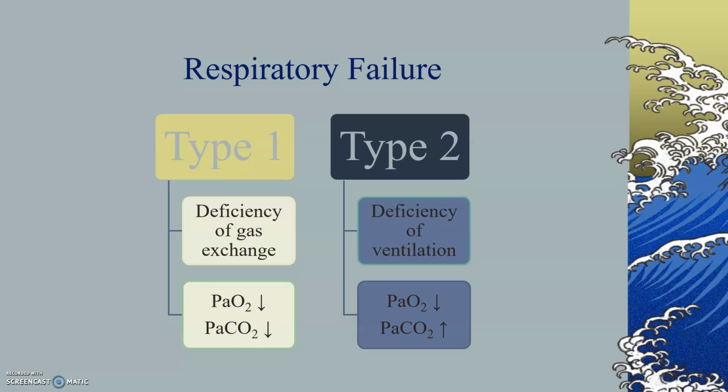On the other hand, type 2 respiratory failure is due to a deficiency of ventilation, so the actual breathing mechanism is not moving enough air, and in that situation we don't get enough oxygen into the lungs and into the blood. But also, because our breathing mechanism is slow, we can't get the CO2 out either. In this situation, the PO2 falls, but the PCO2 rises.